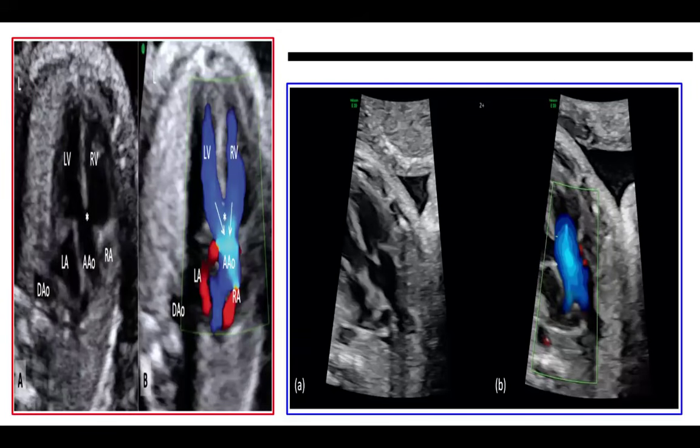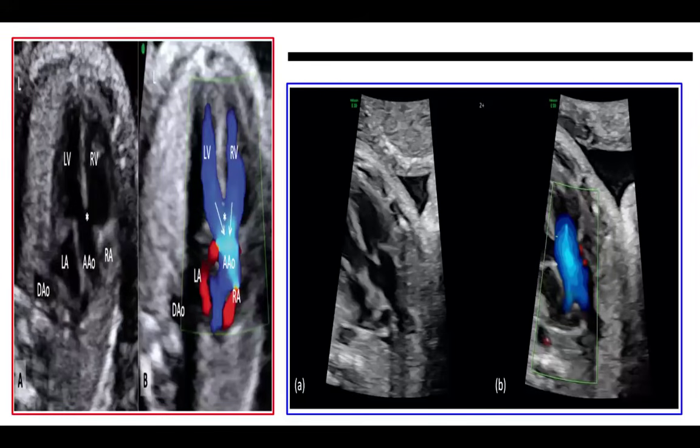So let's take a look here. In the red box, this is a defect. And in the blue box, this is a defect. Now, when you compare the two side by side, are they the same? You don't have to answer, but just think to yourself: are they the same defect in a different patient, or are we looking at two different defects?